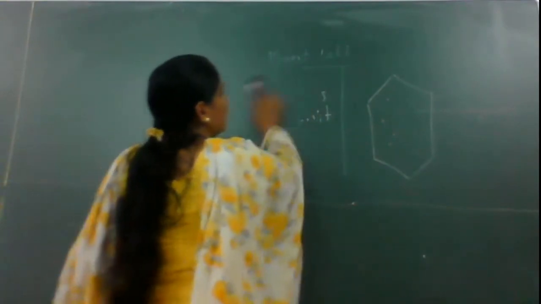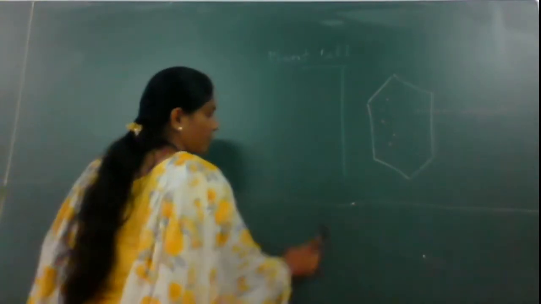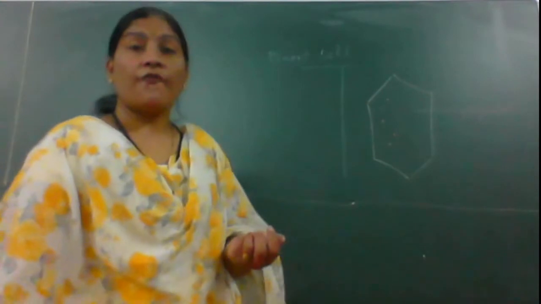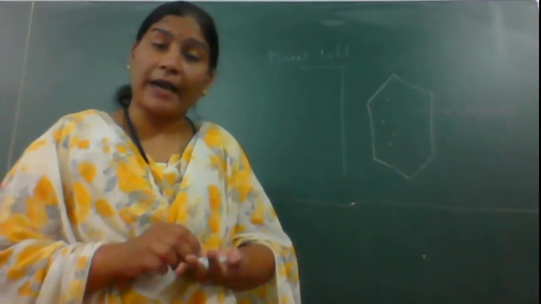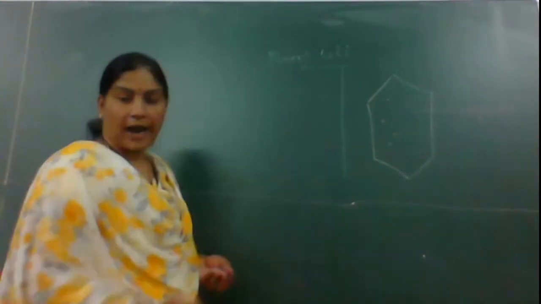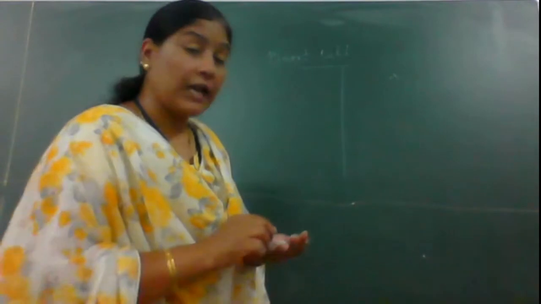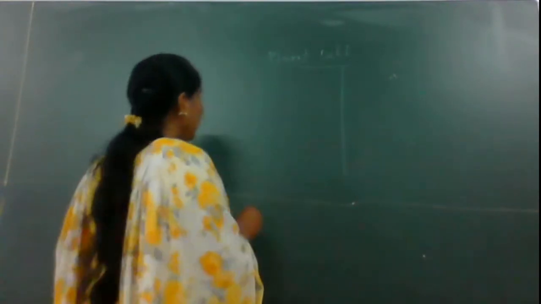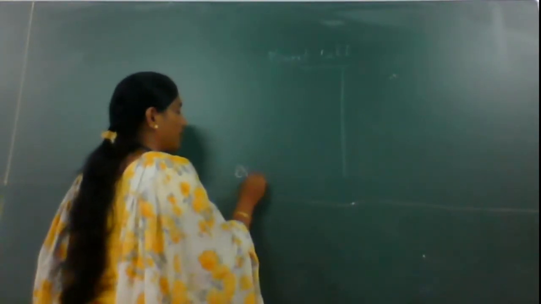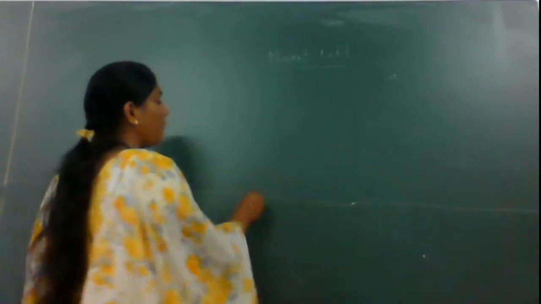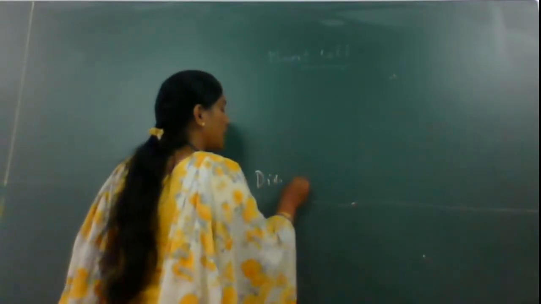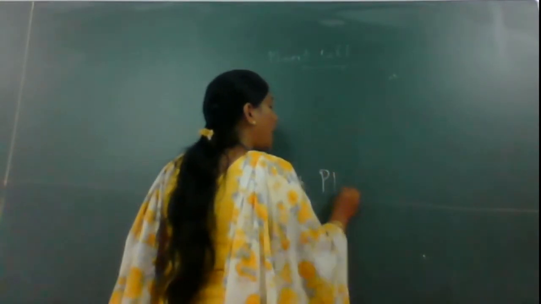When we draw the schematic structure of the plant cell, we always first write the name of the diagram. So we schematically draw the diagram of the plant cell.